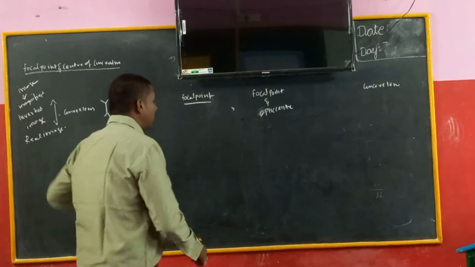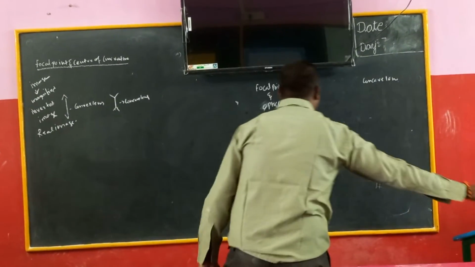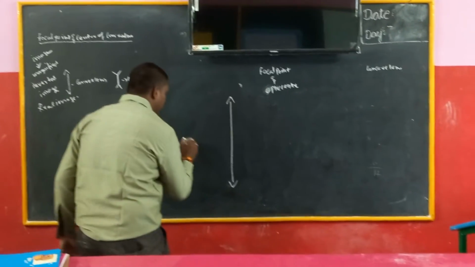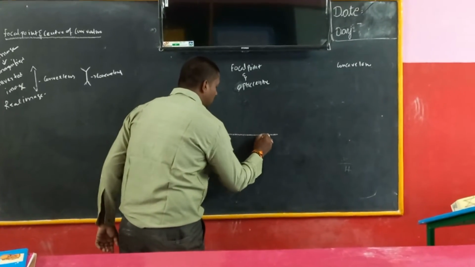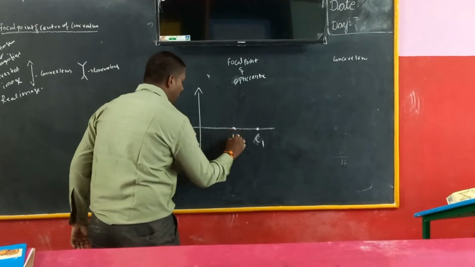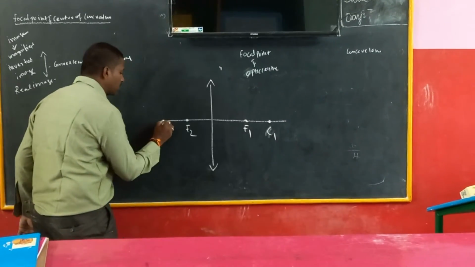Now let us consider this situation: the object is placed between the focal point and optic center. This is the principal axis. This is C1, F1, optic center, F2, and this is C2.